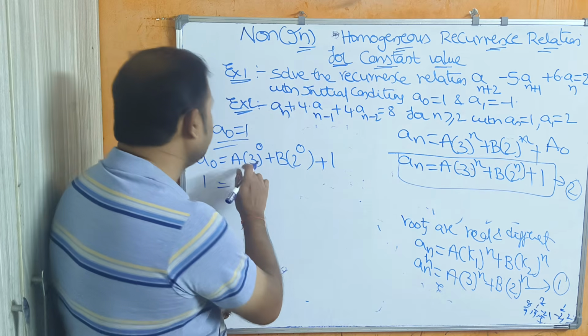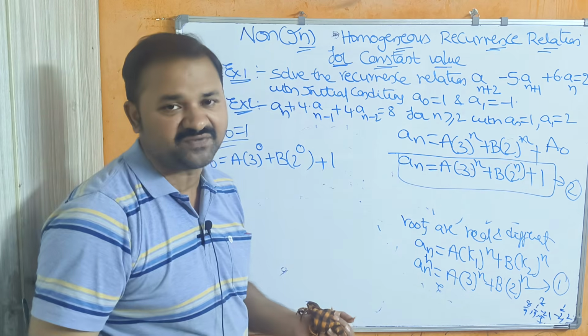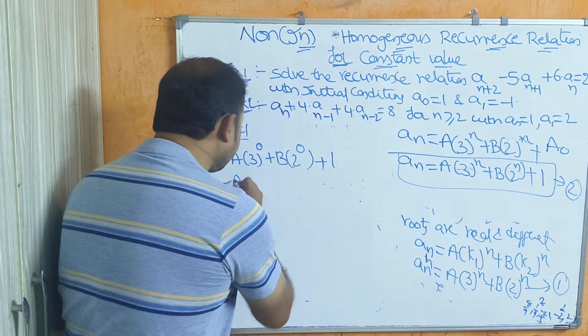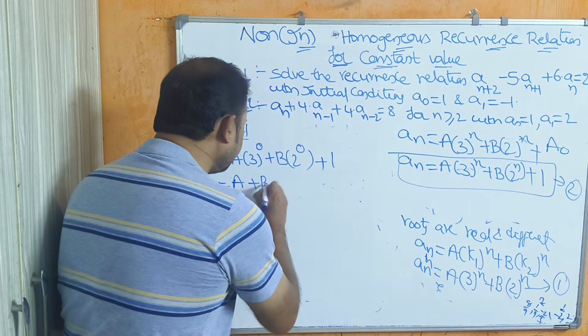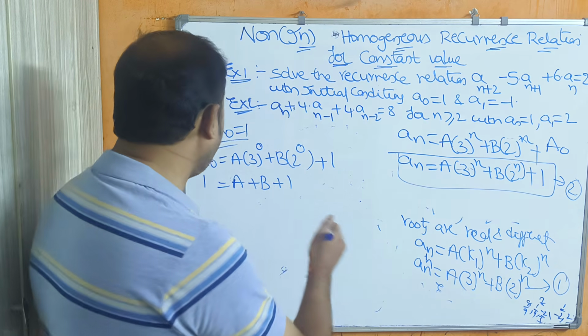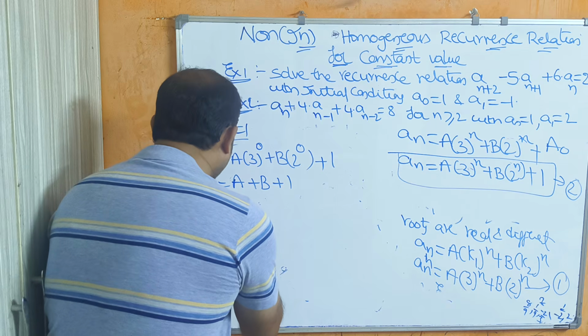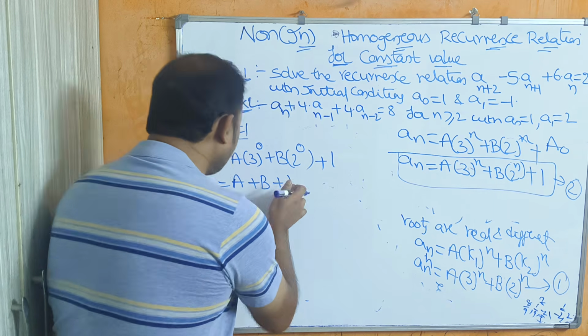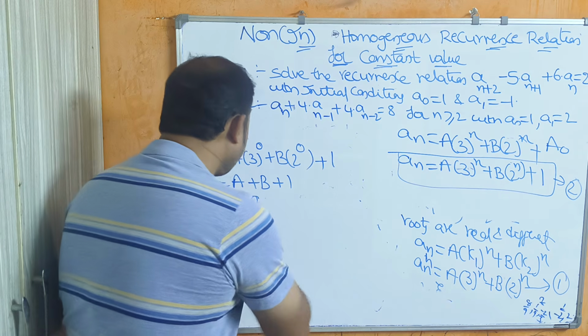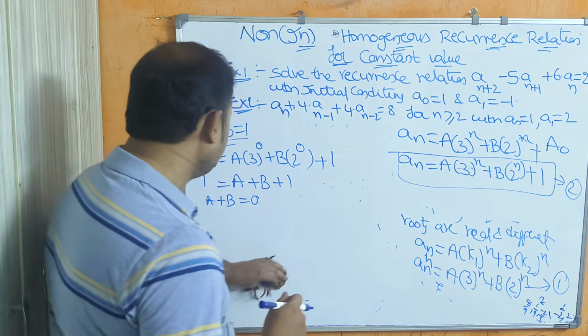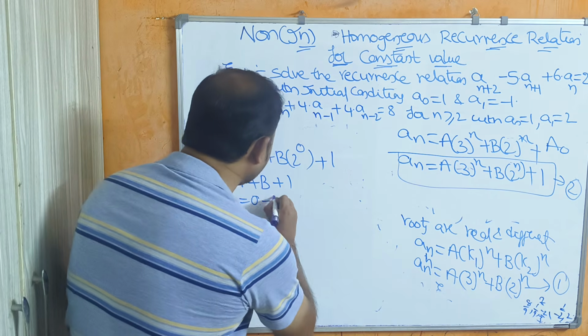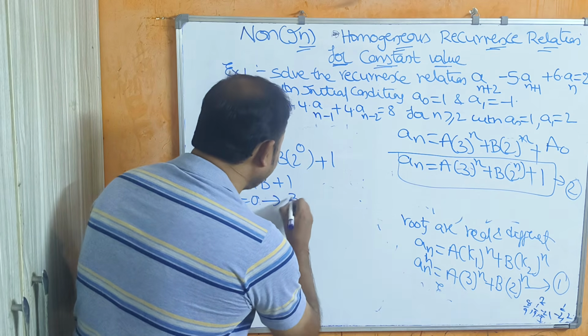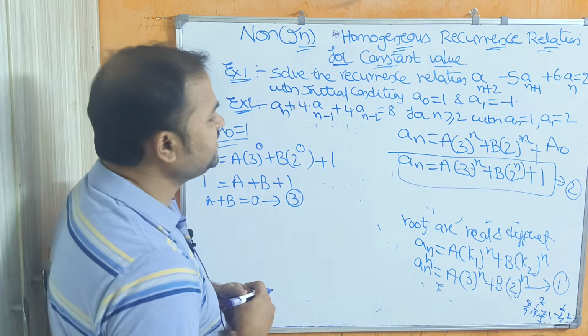So 1 equal to, anything power 0 is nothing but 1, so a into 1 means a, plus b into 1 means b, a plus b plus here we have 1. So what is the result? A plus b equal to, we can move this one towards this side, so 1 minus 1 will become 0. Let us assume that this is equation number 3.